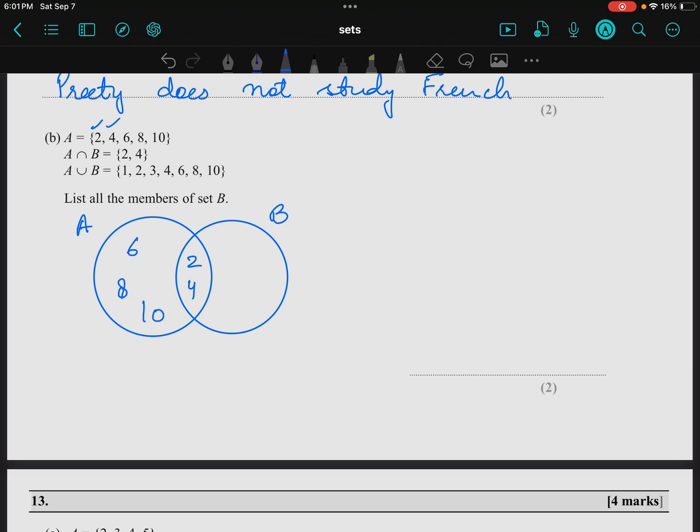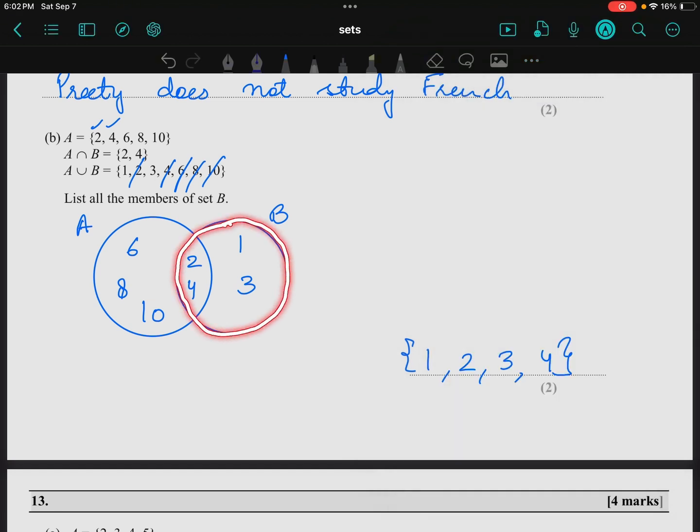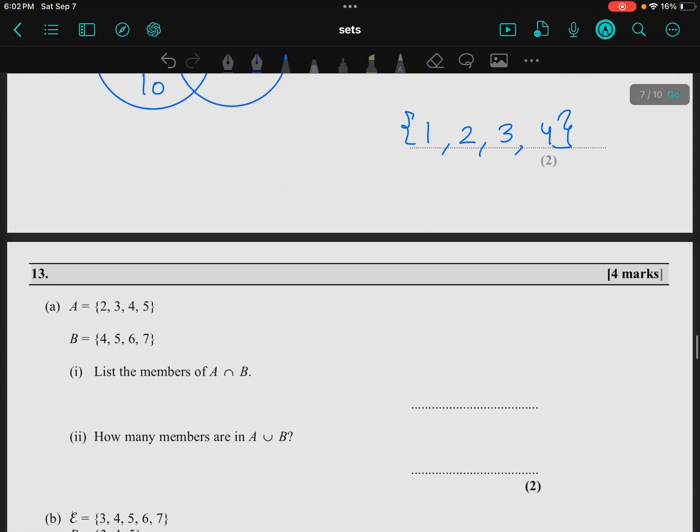We have already written 2 and 4. Then 6 is already there in A, 10 is already there in A, 8 is already there. Remaining elements are 1 and 3 in B. What are the elements in set B? 1, 2, 3, 4. Set B is 1, 2, 3 and 4.